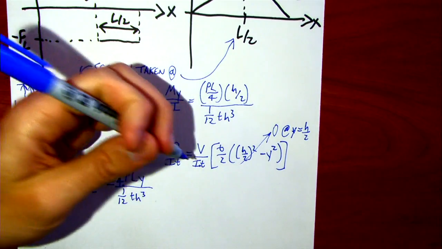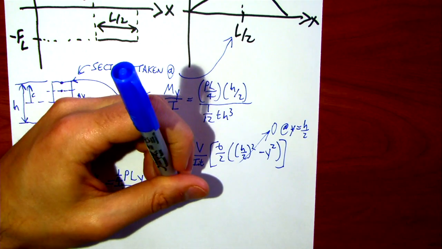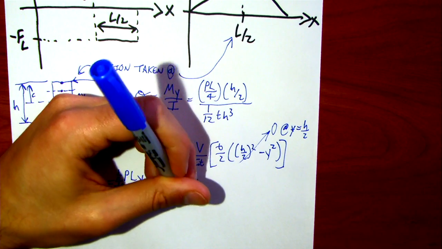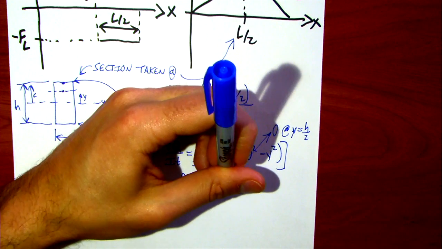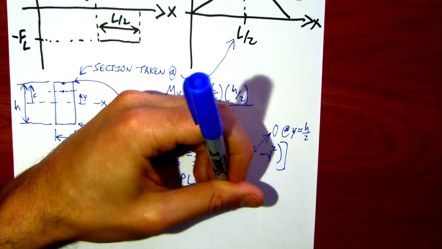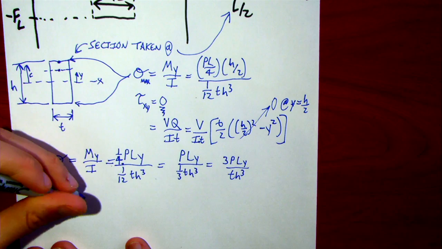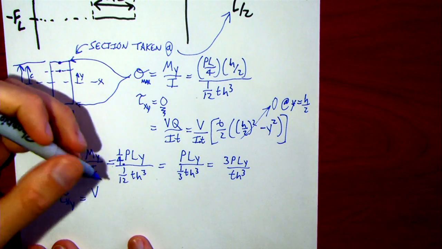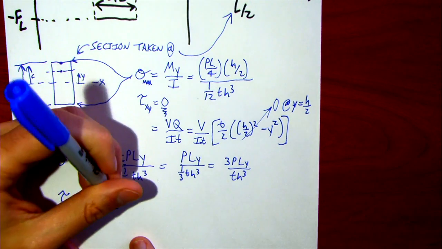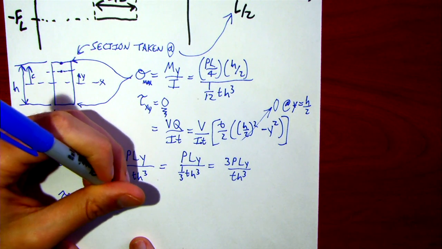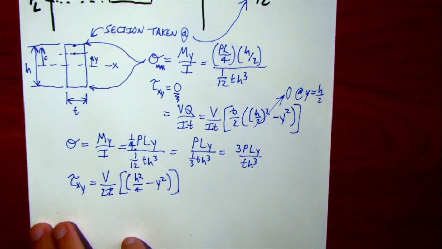Or if we wanted to simplify that a little bit, we could at least say it's PLY over 1/3 TH cubed, or 3PLY over TH cubed, just so we don't have any fractions. Same token, tau xy is V/2I times H squared over 4 minus Y squared. And that's kind of what we got.